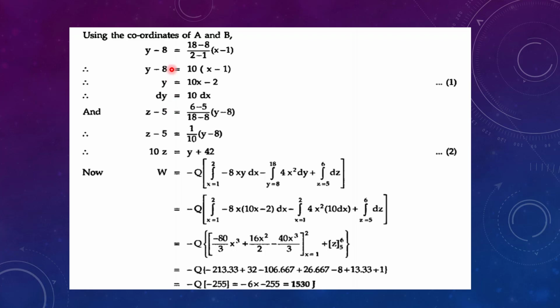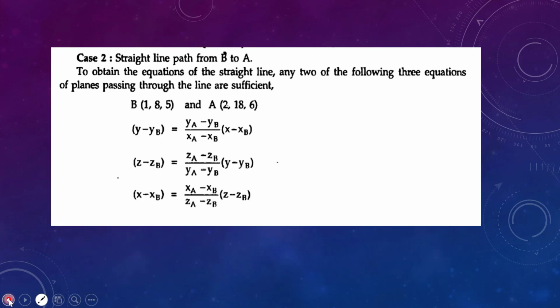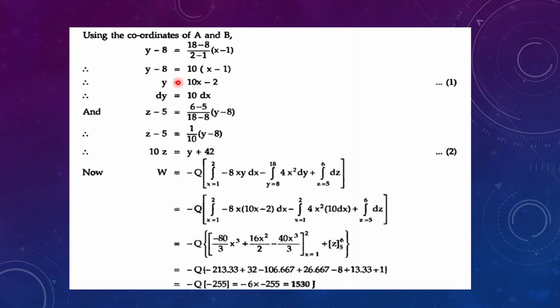So y minus 8, ya is 18, 18 minus 8, divided by xa, what is xa? 2, minus xb, which is 1, and x minus xb, so x minus 1. So the equation becomes y minus 8 is equal to 10 into bracket x minus 1. So y is equal to 10x minus 2.